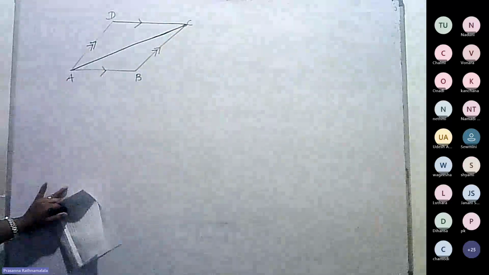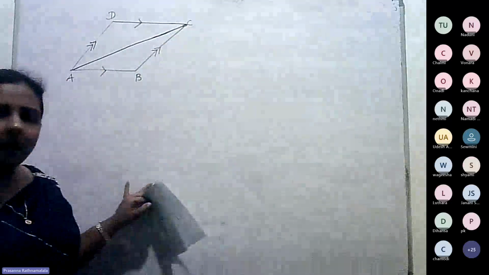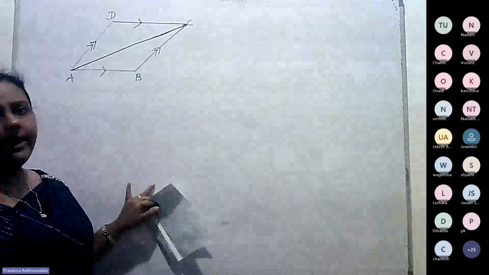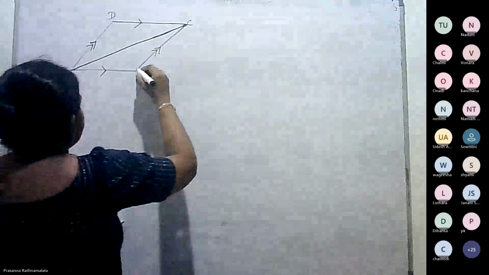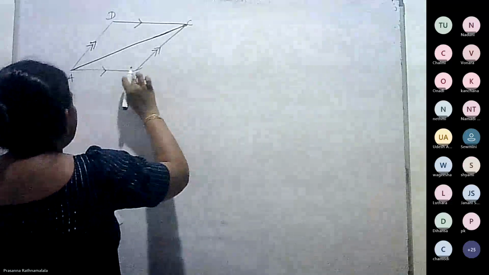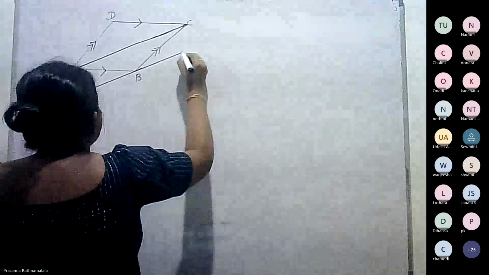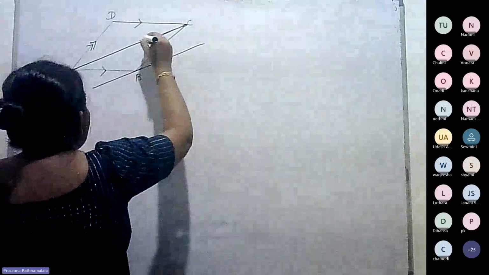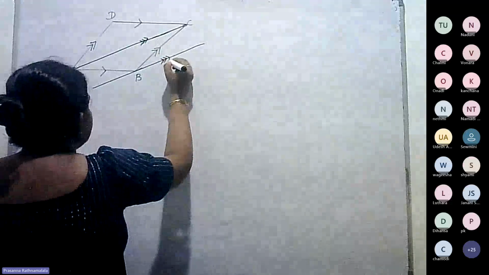Then you draw a line through B, parallel to the diagonal AC. This is parallel to the diagonal AC, right?